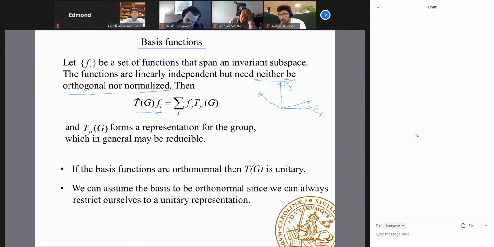So these are just the coefficients of expansion of this state on the left-hand side. And this matrix forms a representation for the group. So let's try to show this.